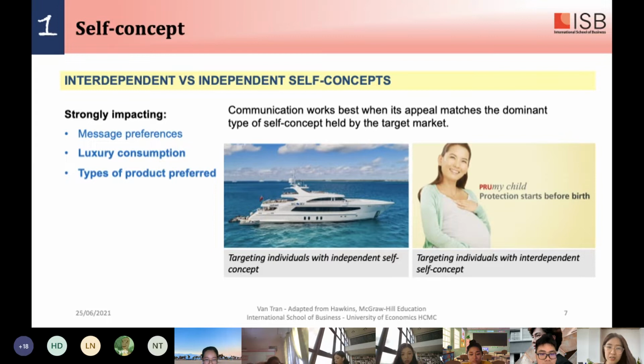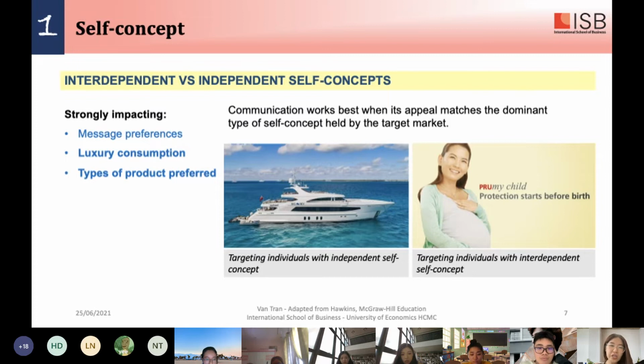Because the independent people define themselves as what they are, right? Who they are and what they have done. So they would tend to purchase more of the luxurious products in order to help them reinforce themselves and their self-concept as someone that is successful, for example.